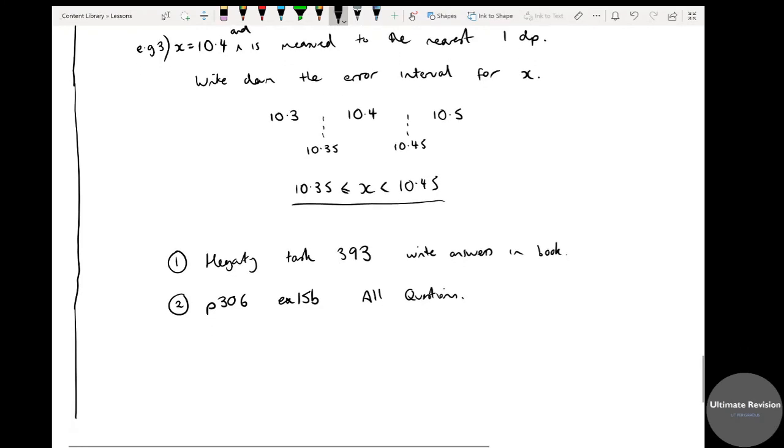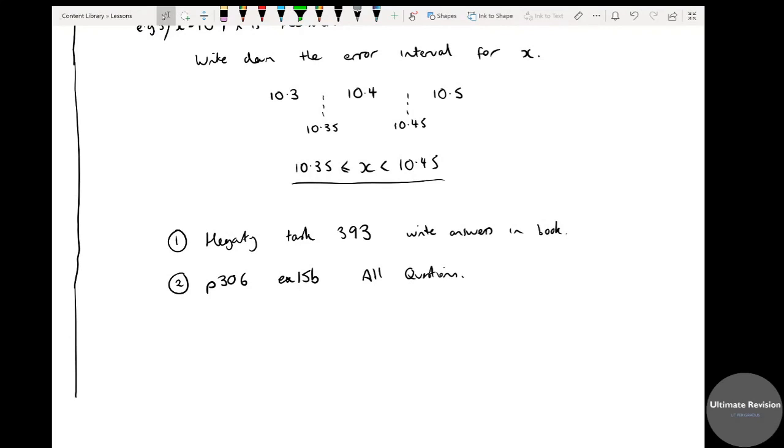So some of them it asks you for an error interval, sometimes it asks you for a number line. You need to be careful what it asks you to do. And then I do want you to mark your own work. This is really important. I'll put the answers on Show My Homework. Mark own work and upload to the correct OneNote page. That's really important as well.